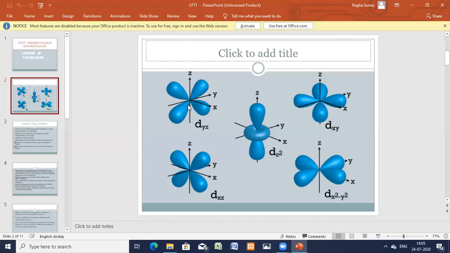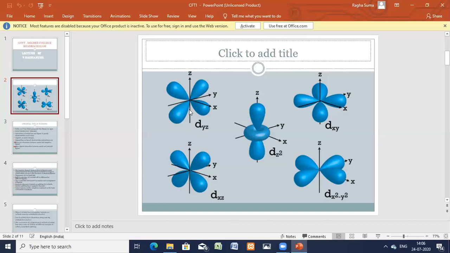Now coming to the second one, you have your y-axis, x-axis, z-axis. This is the yz orbital, between the z and y axes. Here you have the lobes between the y-axis and the z-axis.